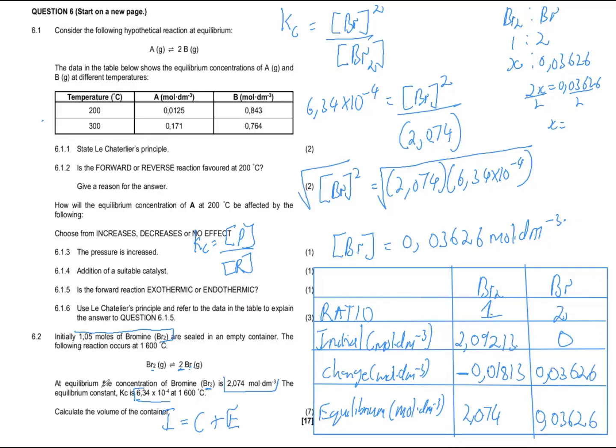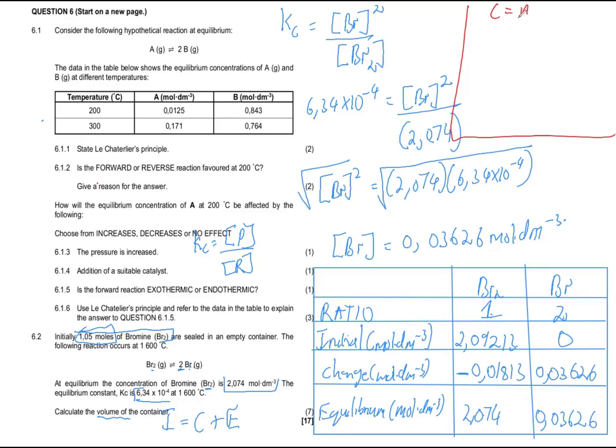But what is the question here? We are supposed to calculate the volume of the container. Now that we have the initial concentration, and we were given the number of moles of the Br2, we can actually calculate it now. So we're going to use the formula C is equal to n over V. We have the initial concentration, which is 2.09213, and the number of moles, they said it's what?